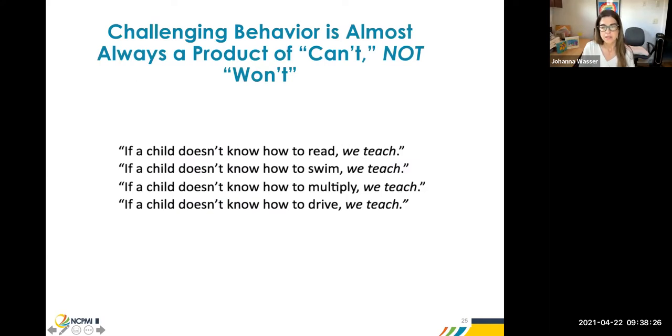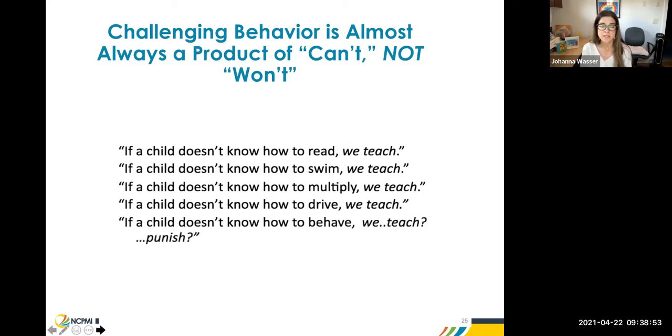Okay, so here is some additional really cool concepts and approach of thinking that some of you have. You know, if a child doesn't know how to read, we teach them. If a child doesn't know how to swim, we teach them. If a child doesn't know how to multiply, we teach them. If a child doesn't know how to drive, thank goodness preschoolers don't drive, we teach them.